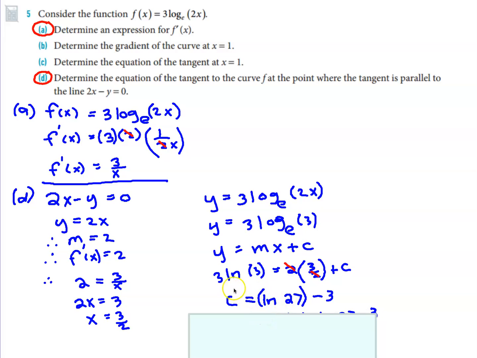And so that is that, take away 3, because that's a 3 just there. And therefore, there's the equation, y equals mx plus c. And we are done with question 5a and 5d. Again, B and C are relatively straightforward, so I suggest if you think you need to practice at that, have a go at those as well on your own and check the answer in the textbook.